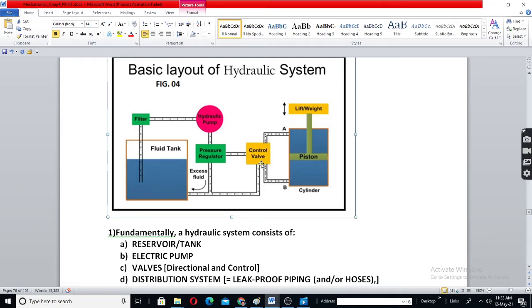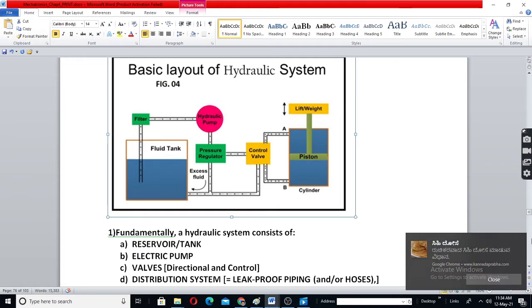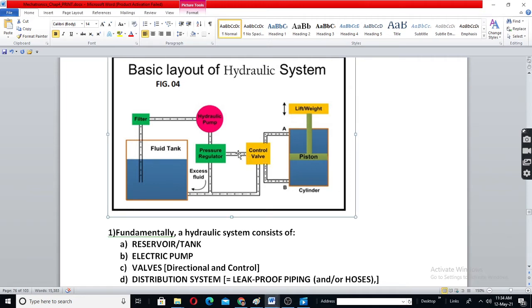Now control valve is there. It will direct the incoming fluid, which is coming at pressure. Say port A, this is input port, inlet port. These two are outlet ports, port A and B. If it directs the incoming fluid to port A, then the piston will move to the downside.